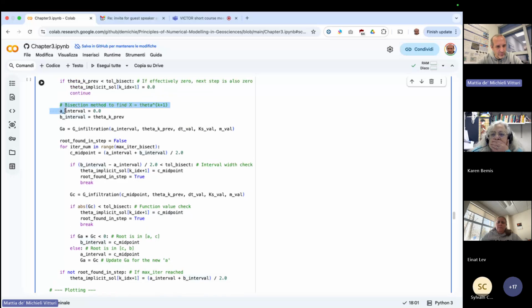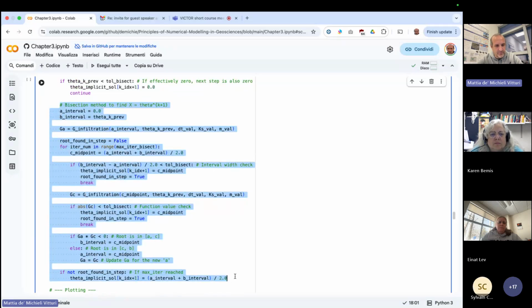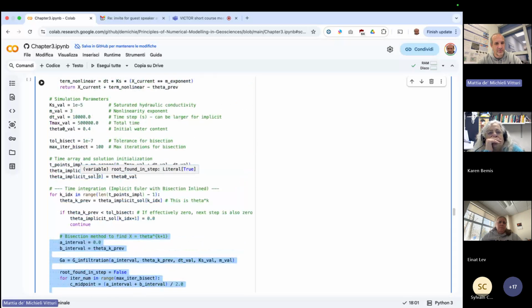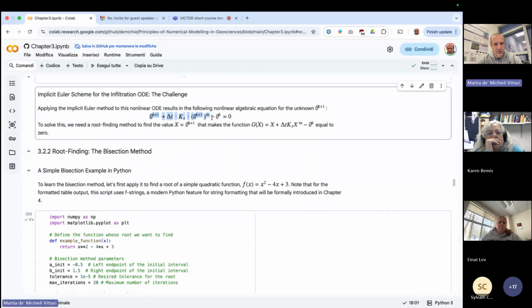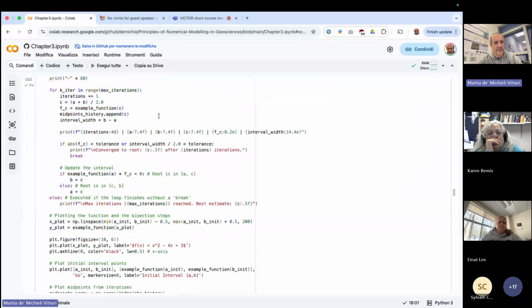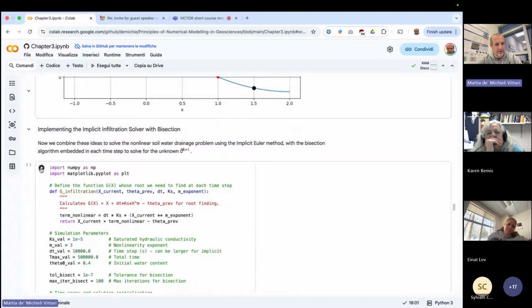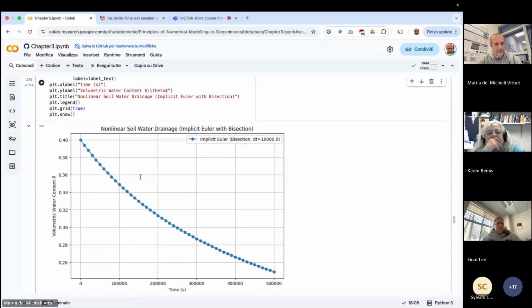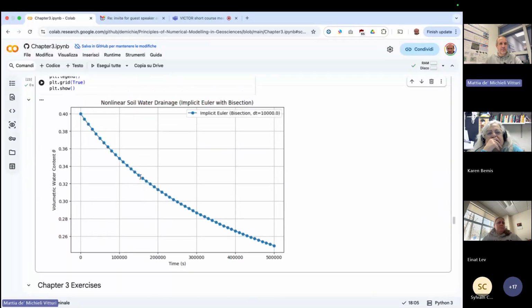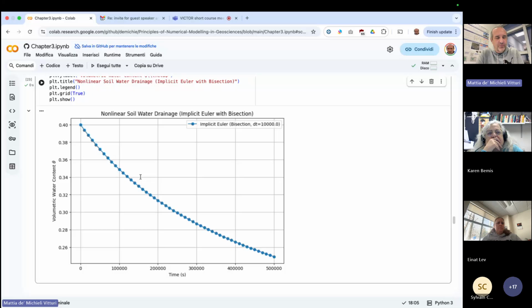So we have to use the bisection method in order to find the solution of this equation, which will allow us to find the new implicit solution. So let's run this script. And here we have found the implicit solution.